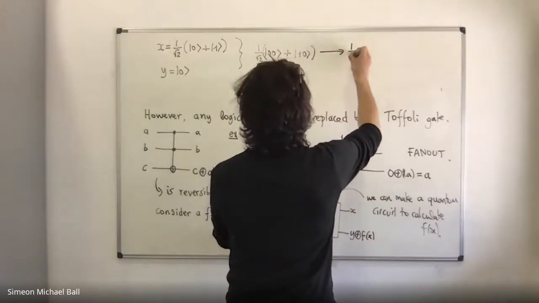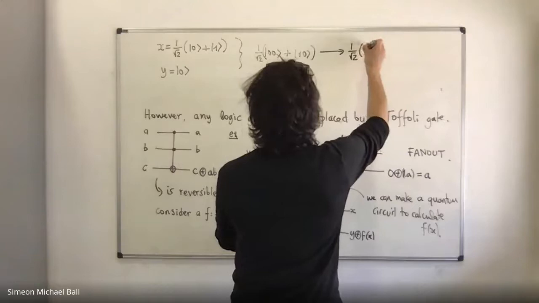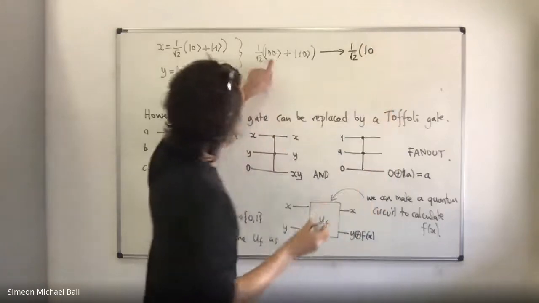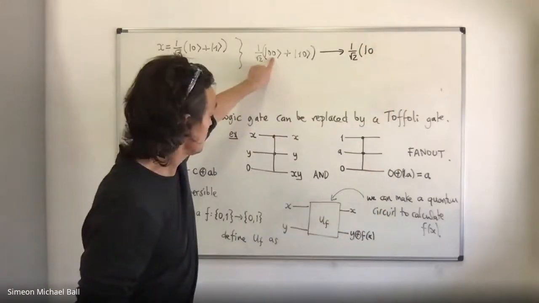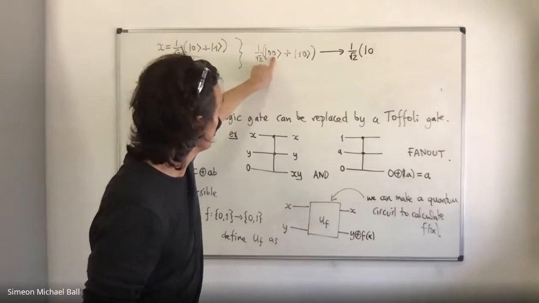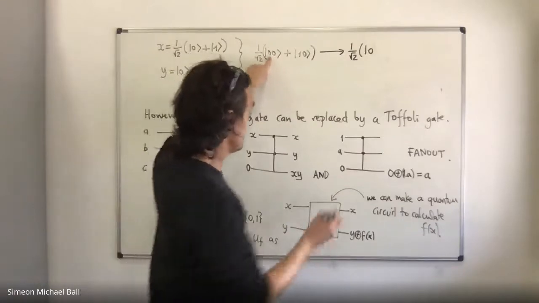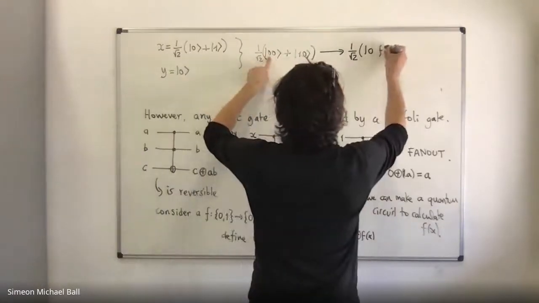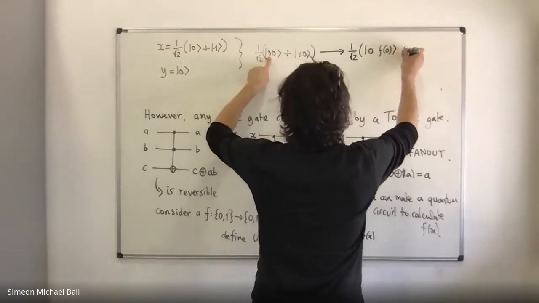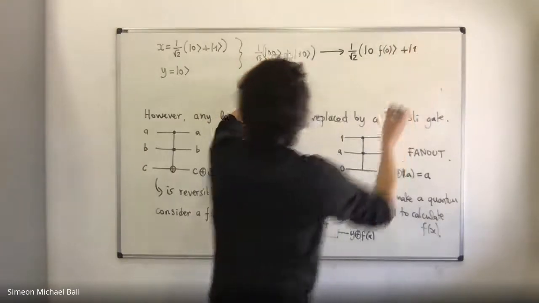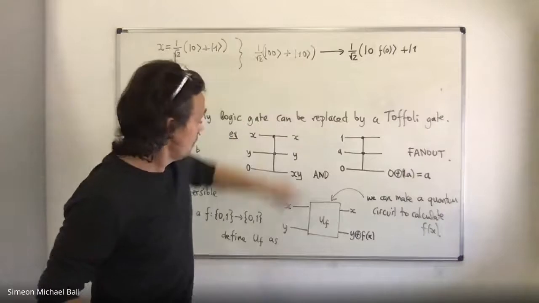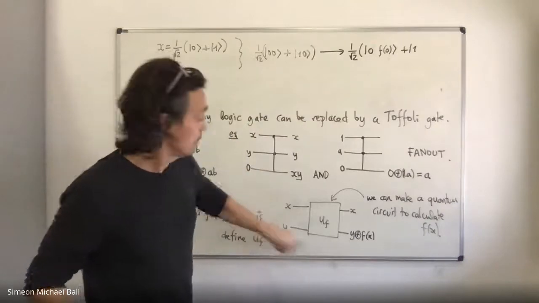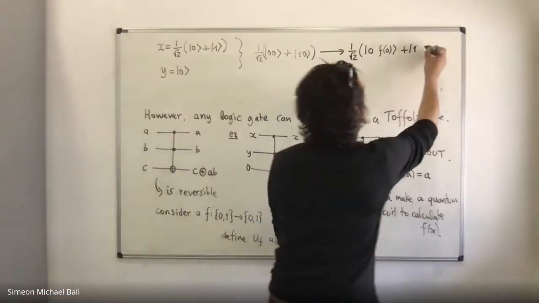The x doesn't change. So here we get 0, and here we get y, which is 0, plus f of 0, so we get f of 0. And here we have 1, and here we get y, which is 0, plus f of x, which is 1, so it's f of 1.